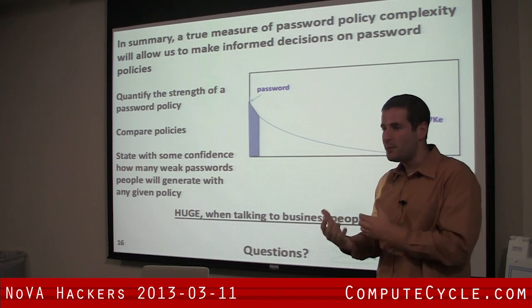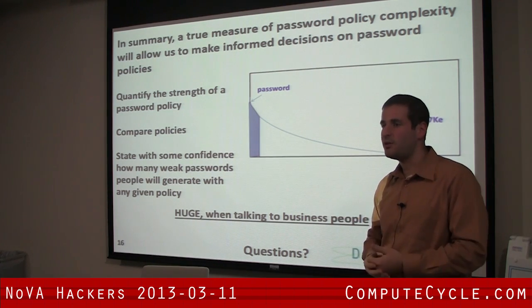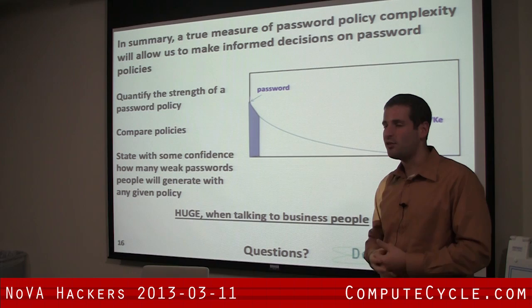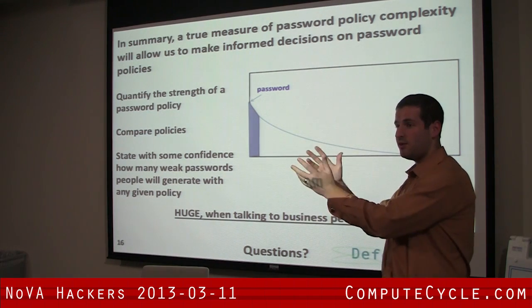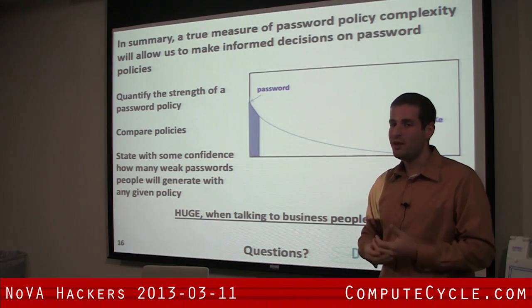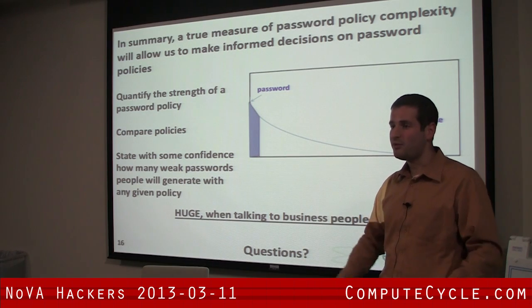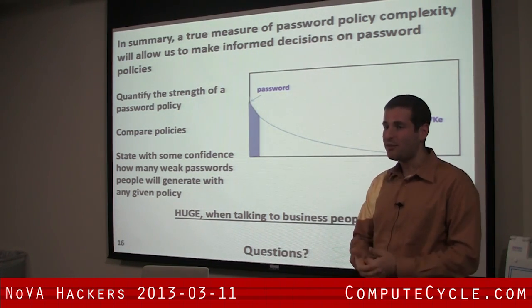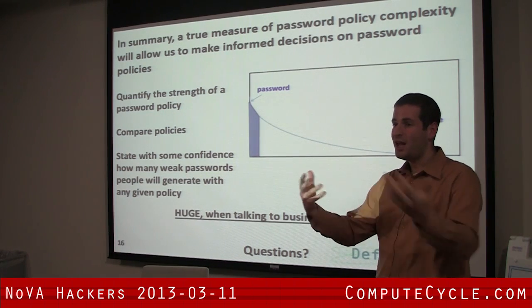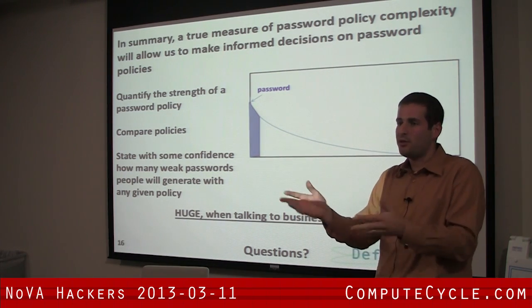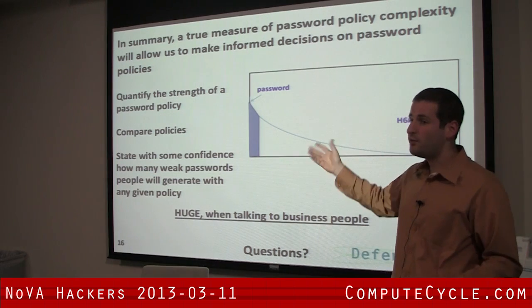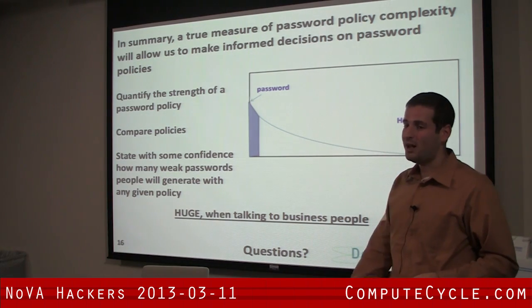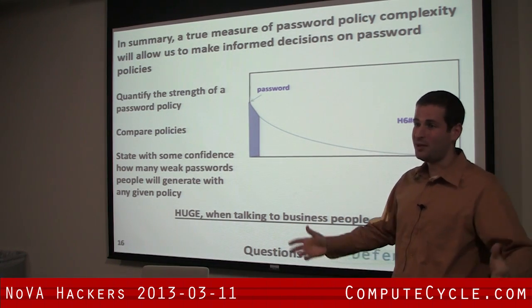And it's up to the people in every entity and in every system to make a risk-based decision and decide, okay, this is the policy that's appropriate for us. We all know that you can make stronger password policies, and the business people fight back because it drives the users insane. So it's all about finding that balance. This will provide some data that will help people find that balance, but different people are still going to find different balances. Yahoo Voices is always going to have a worse password policy than the NSA, no matter what.